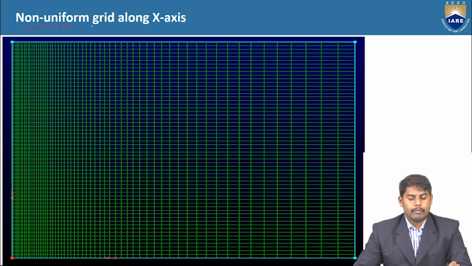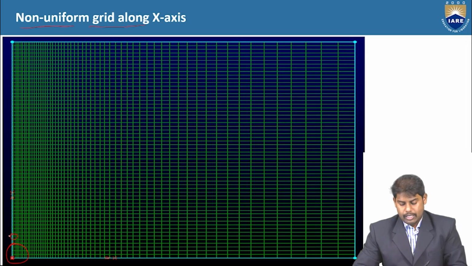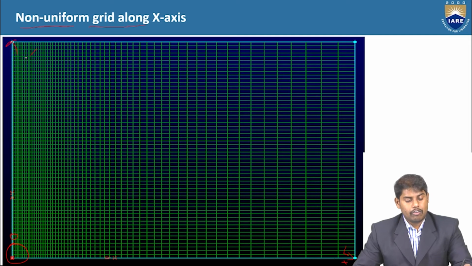What I'm talking about is along the x-axis. Here, let's say this is our origin, O, and this is at length L, and this is along the x-axis, and this is along the y-axis. So from the origin till the distance L, the spacing between two successive grid points is not at all the same.